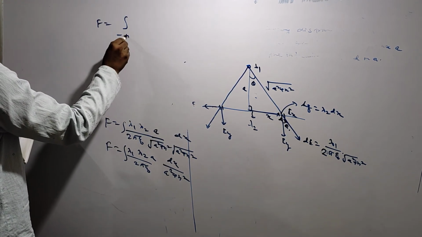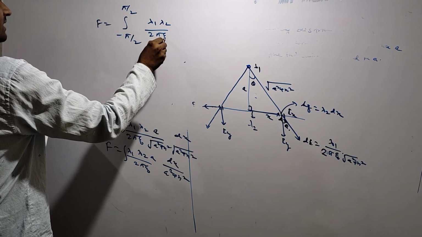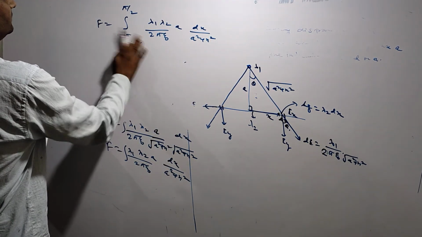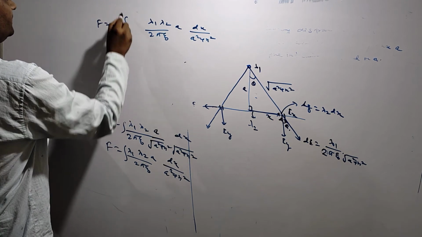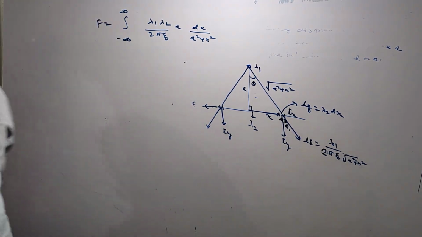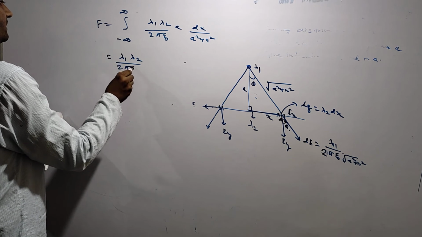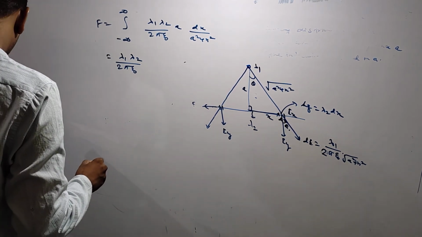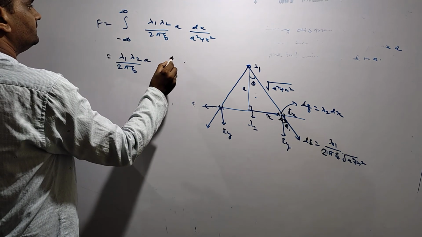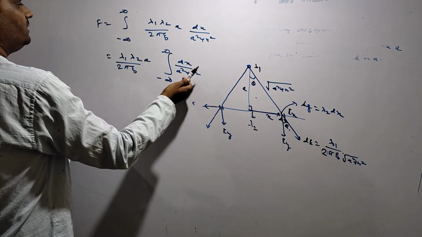Sorry, this is not angle, this is length, from minus infinity to infinity, dx over a square plus x square.